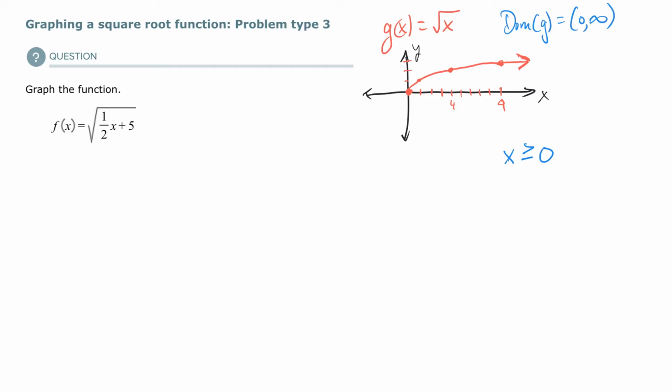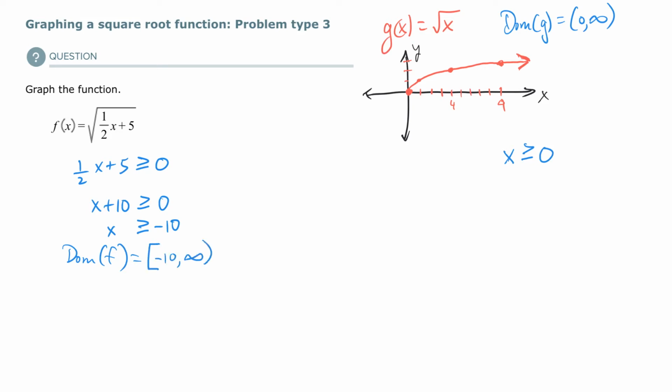We're going to take this 1/2 x plus 5 and make it greater than or equal to 0 to find the domain. Multiply the entire inequality by 2, and we get x plus 10 is greater than or equal to 0. X, in fact, is greater than or equal to negative 10. What is the domain of f? It is simply going to be the interval, bracket, negative 10, all the way to infinity.